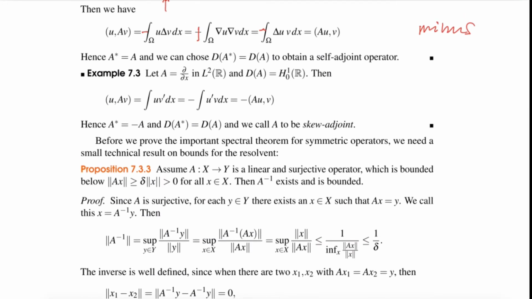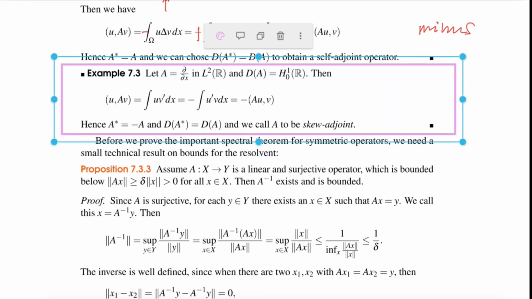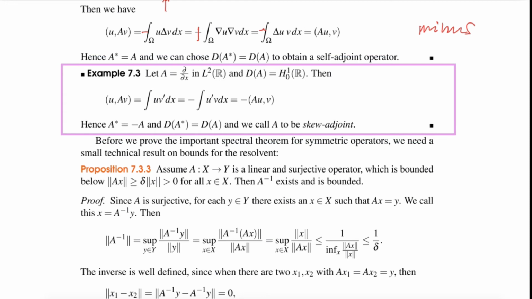So let us look at the next example, 7.3, right here, where the operator is just the first derivative, d by dx, on L2 of R. The domain of definition is H01 of R. And then we can do a similar calculation by integration by parts.